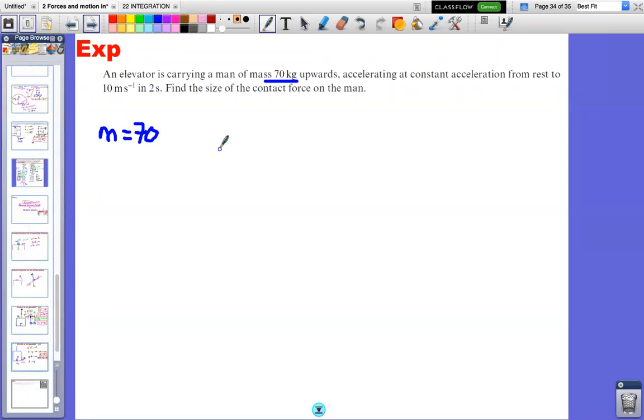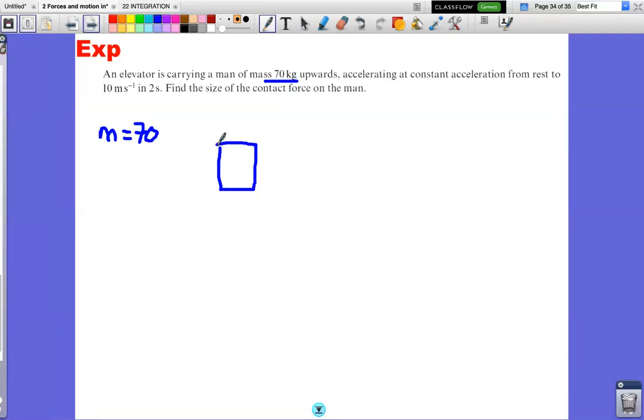So we interpret the problem. The elevator is carrying the man, and the elevator is accelerating upward with a constant acceleration A. The mass of the man is 70 kilograms. So we are asked to find the size of the contact force on the man.